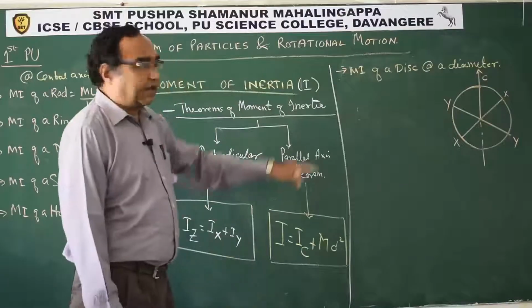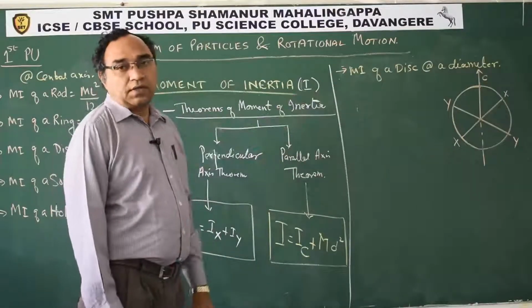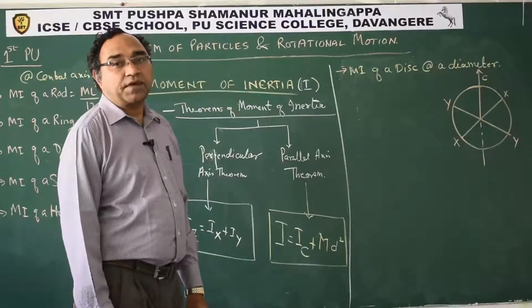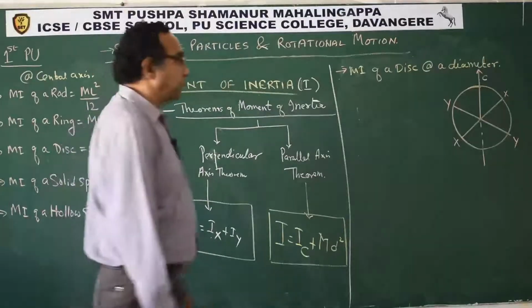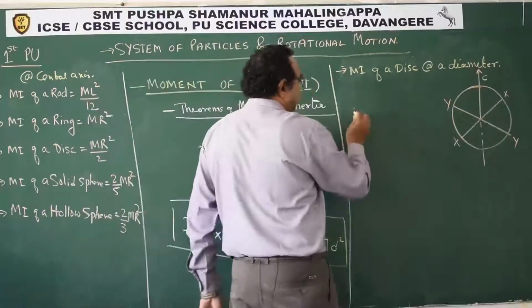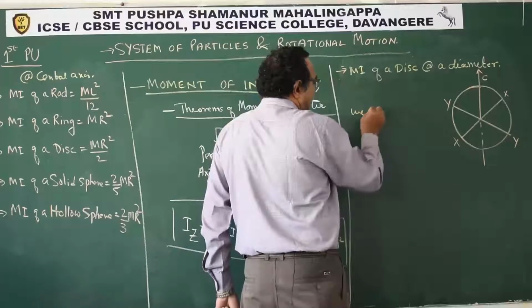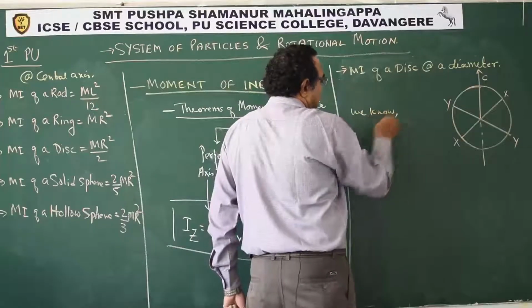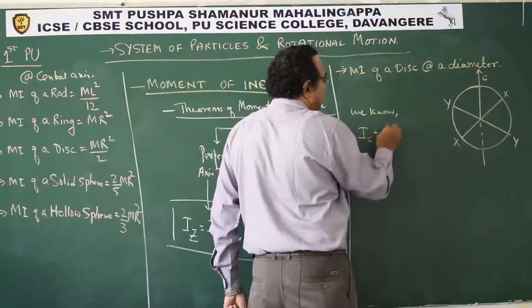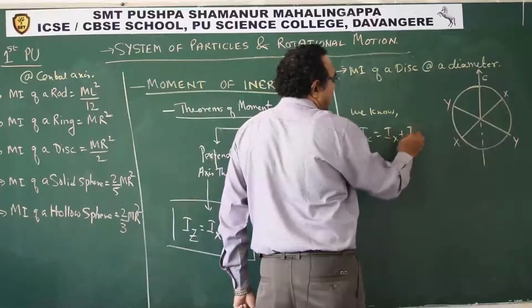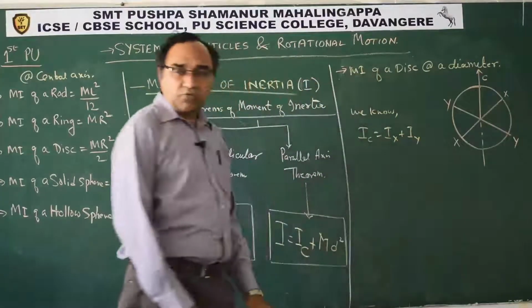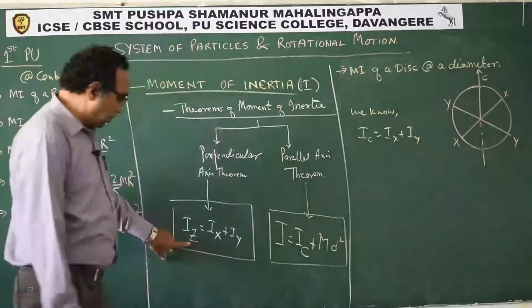Second thing, they are passing through the same point. So this is the perfect situation for the application of the perpendicular axis theorem. We know I_C will be equal to I_X plus I_Y because they are mutually perpendicular. So I am using the perpendicular axis theorem.